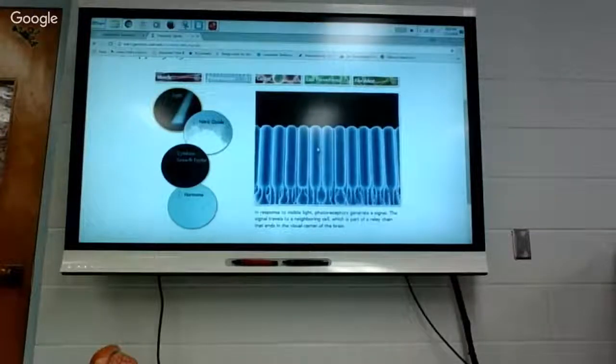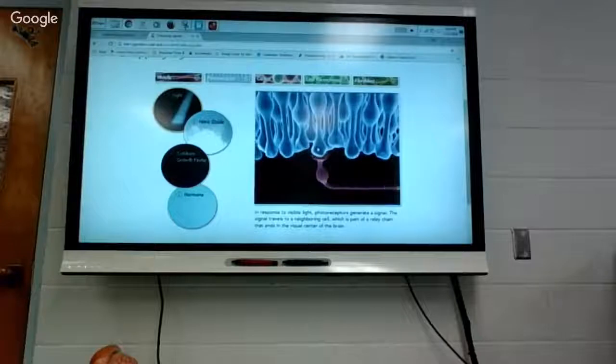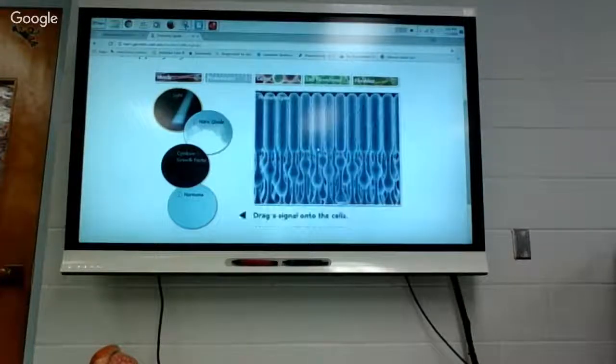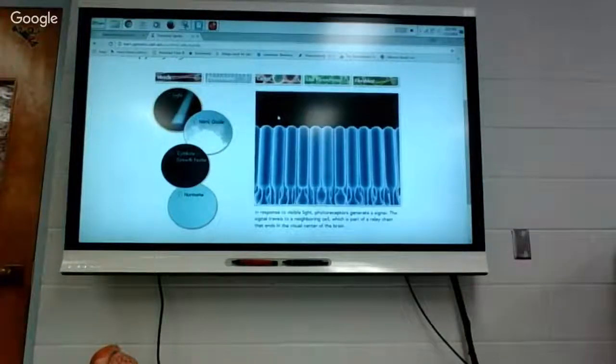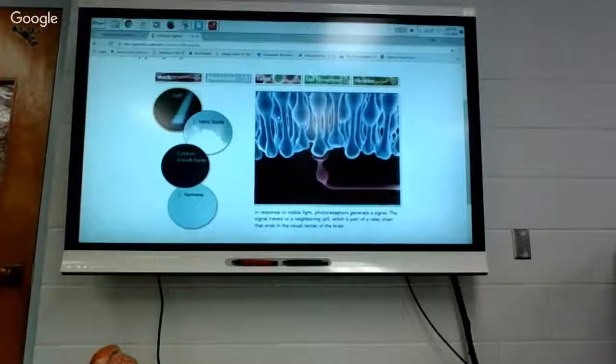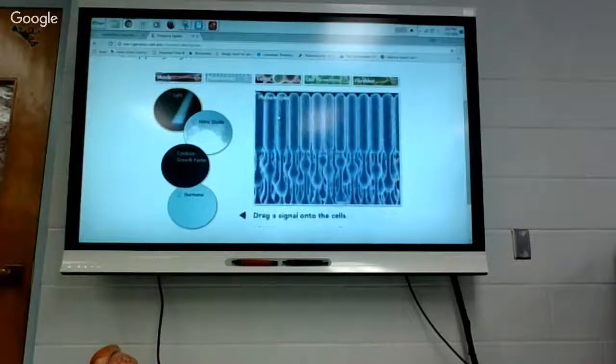In response to visible light, photoreceptors generate a signal. The signal travels to a neighboring cell, which is part of a relay chain that ends in the visual center of the brain. Nitric oxide is causing this photoreceptor to go through light adaptation.